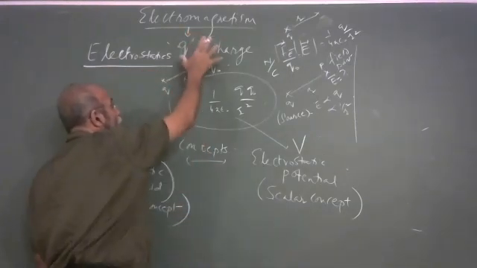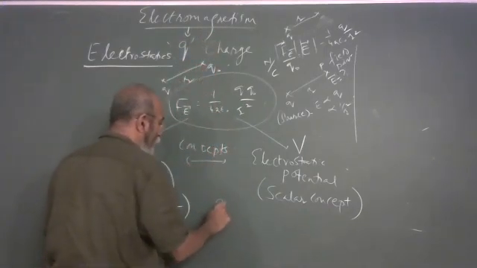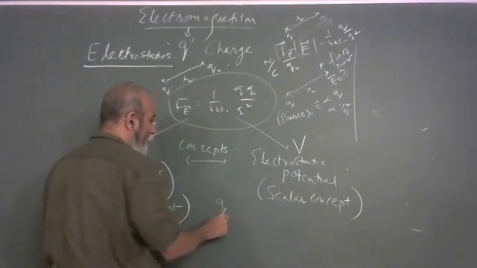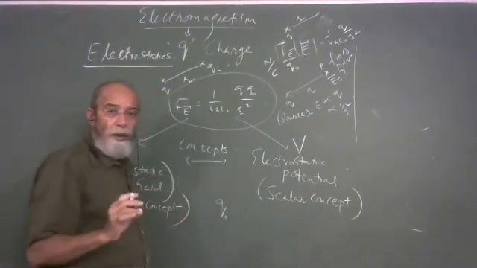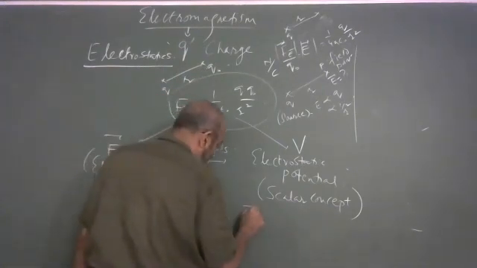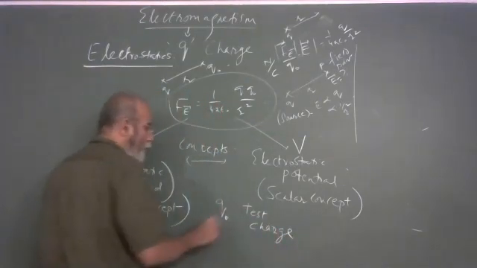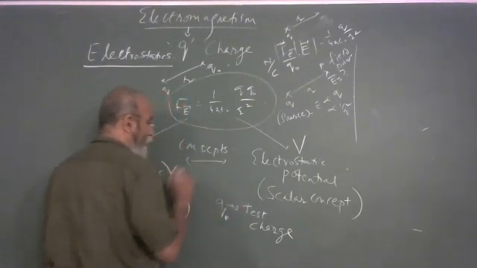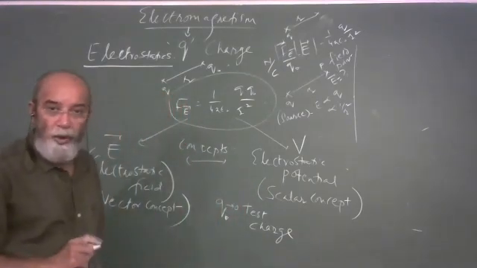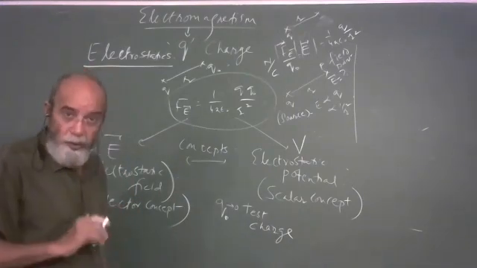In electromagnetism, there is a certain nomenclature, and Q naught is normally associated with what we call a test charge. Q naught tends to 0. It is very, very small. So I take a test charge, Q naught.